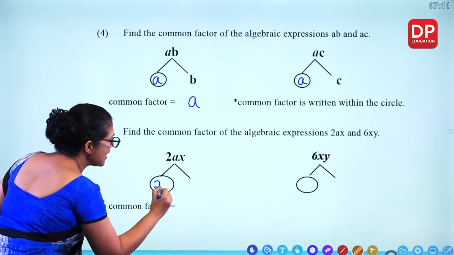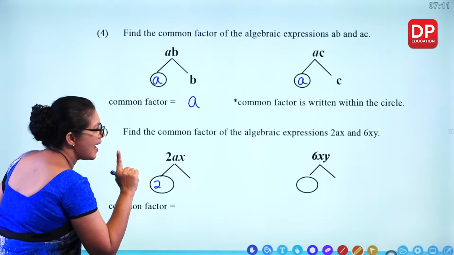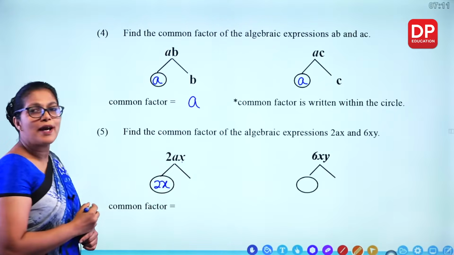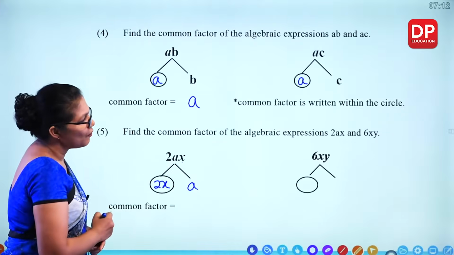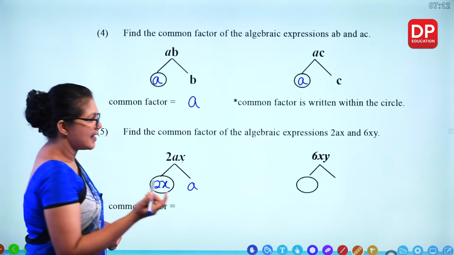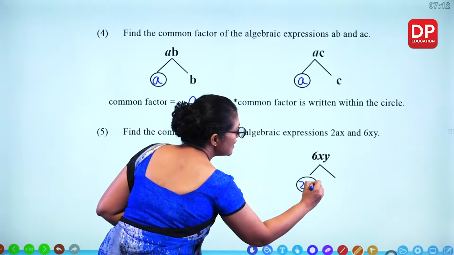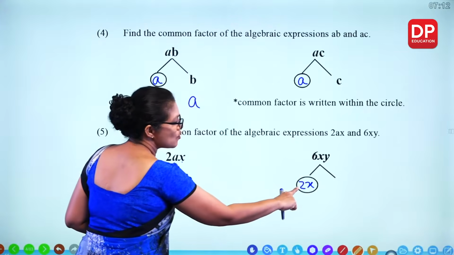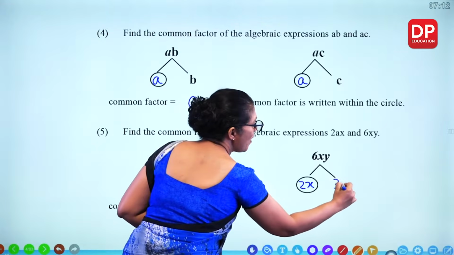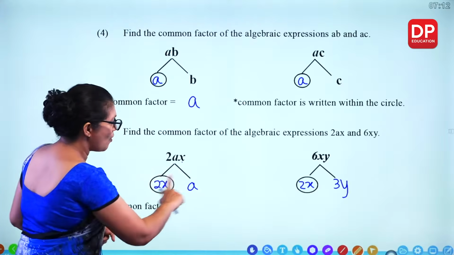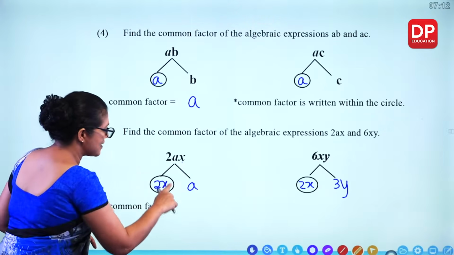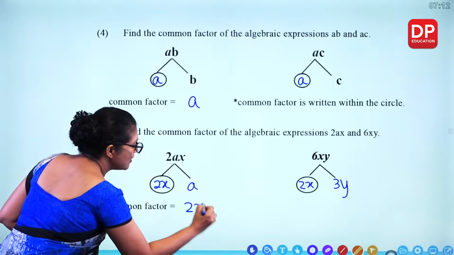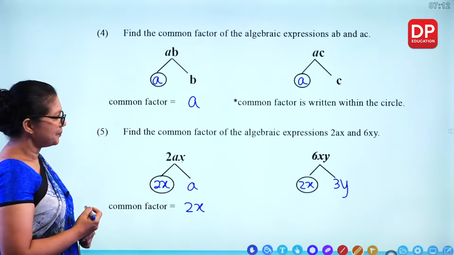Instead of taking 1x, I can take 2x out. So 2x times a there. What about 6xy? I can take 2x, and 6 is 2 times 3, and y remains. Now can you see the common one inside the circle? 2x is the common factor.